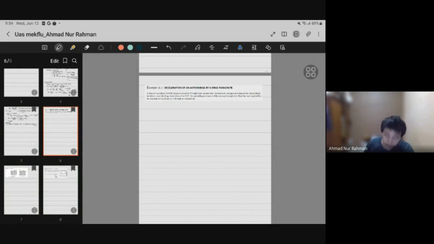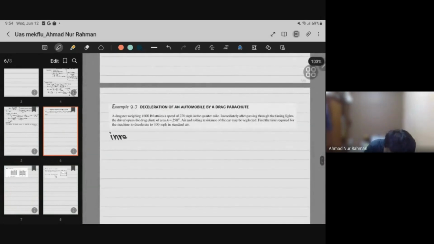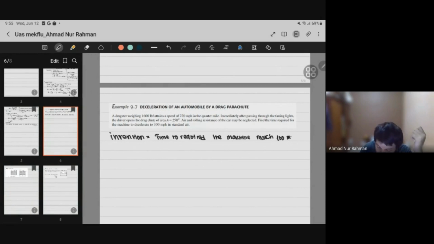So the intention we had is that we need to find the time required for the machine to reach 100 miles per hour.